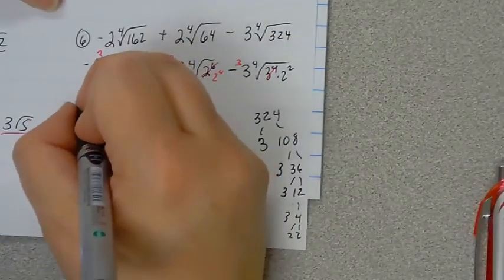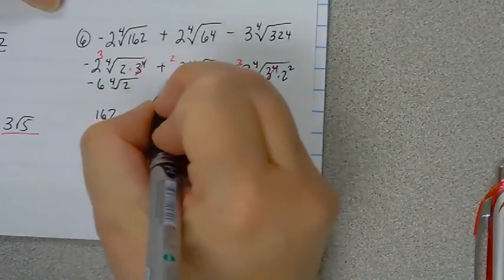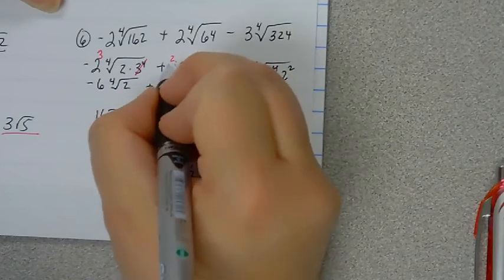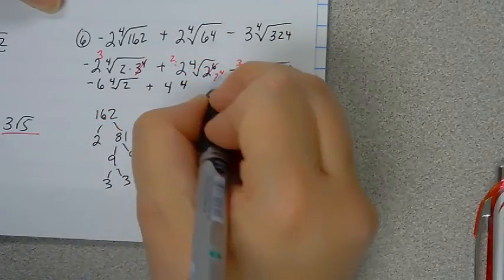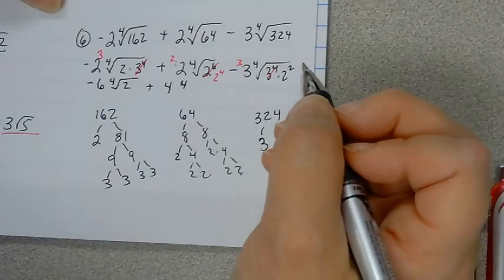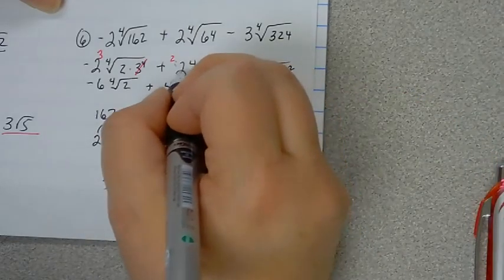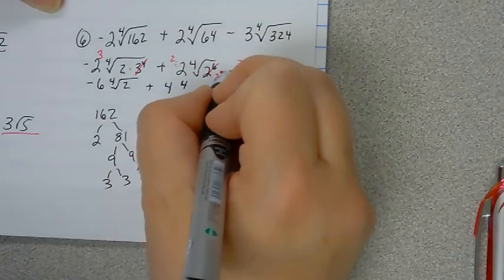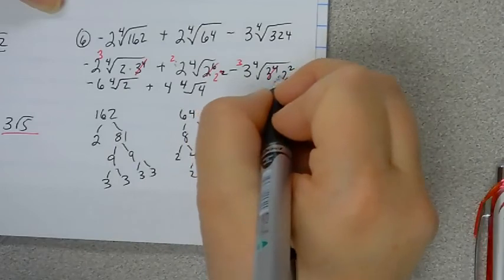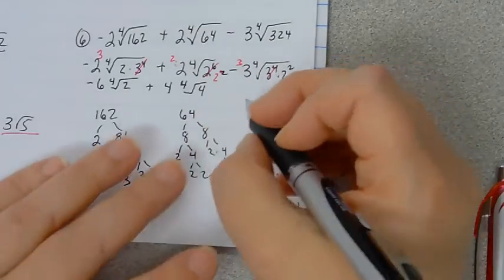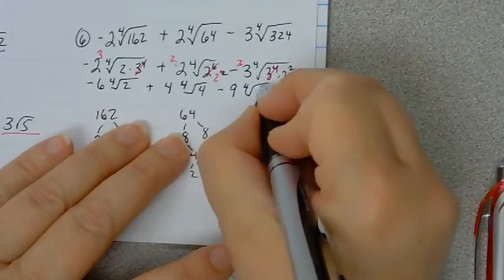Negative 2 times 3, which is negative 6, fourth roots of 2. 2 times 2 is 4, fourth roots of, I had 2 to the 4th brings a 2 out, so I think I have 2 squared left in there, which is just 4. And then here, I had 3 times 3, which is 9, fourth roots of 4.